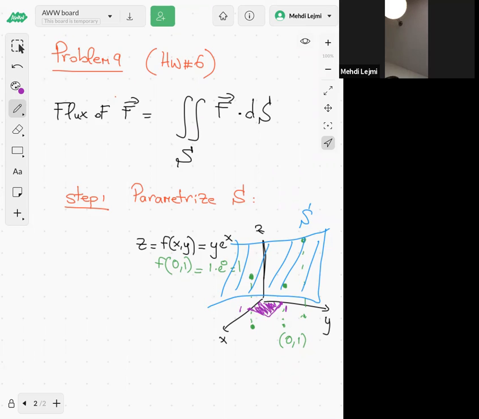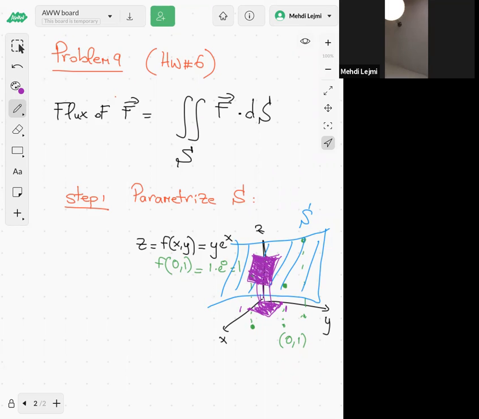To each point of the square, you associate its image, and you obtain this portion of the surface S. That's the portion of the surface lying over the unit square 0, 1 cross 0, 1.